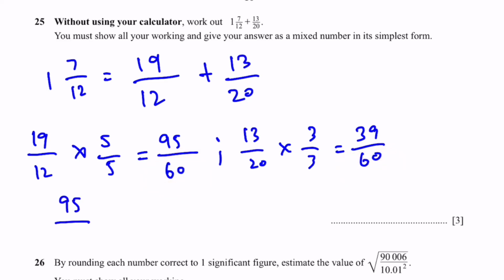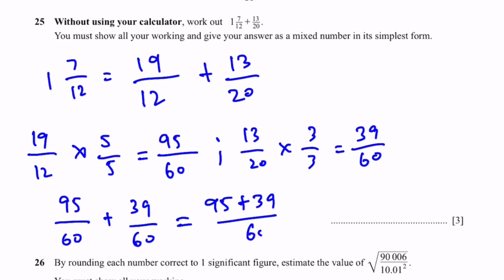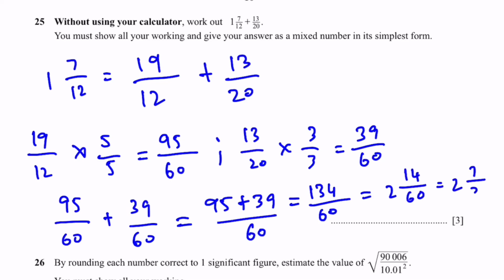So 95/60 plus 39/60 is equal to 95 plus 39 over 60. Now let's add them up: 95 plus 39 is equal to 134/60, which is equal to 2 14/60, which is equal to 2 7/30. That's the answer. 2 7/30.